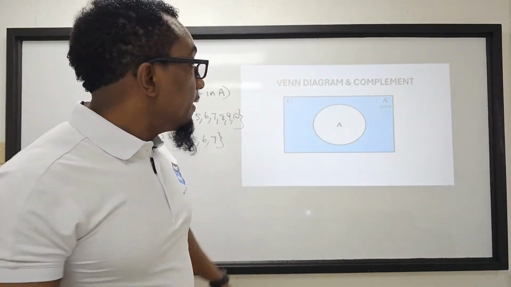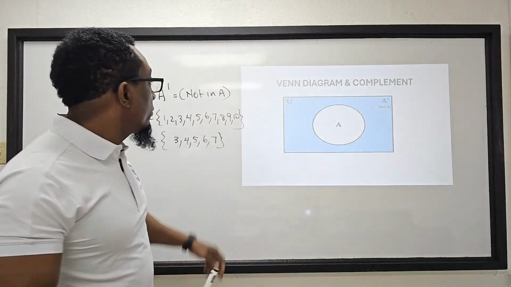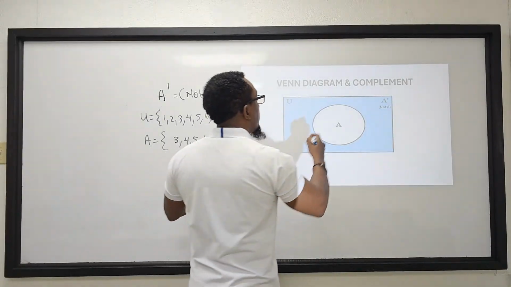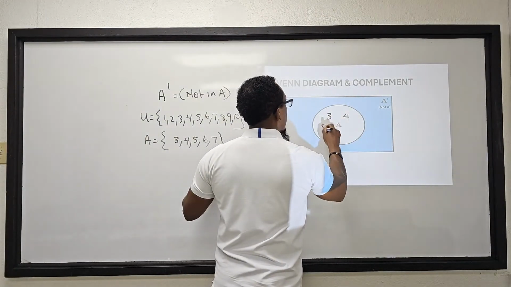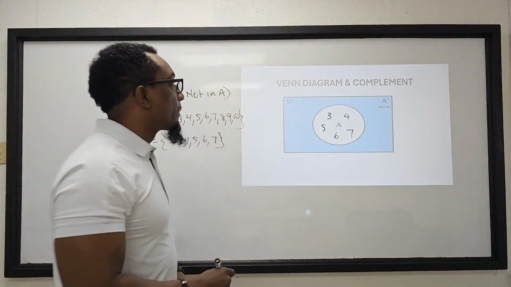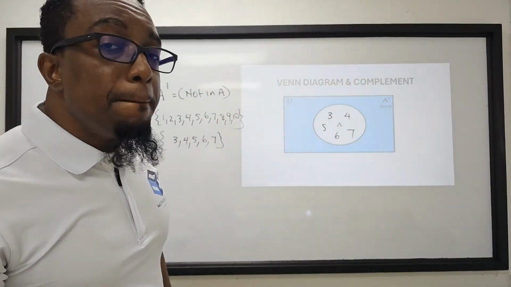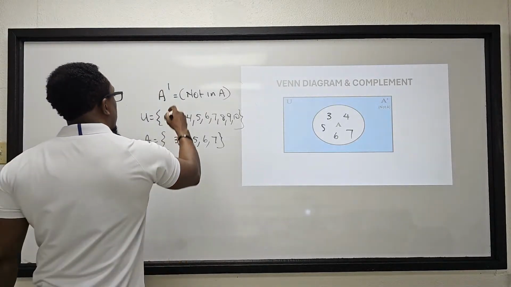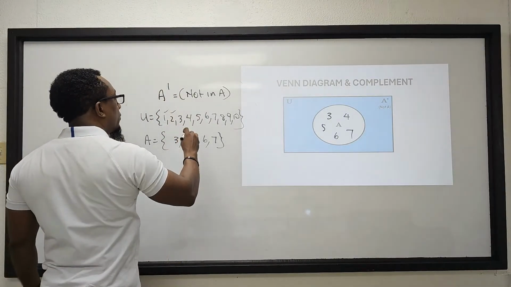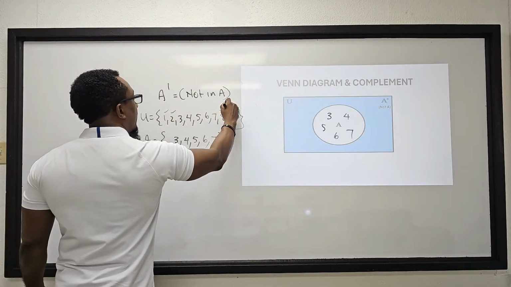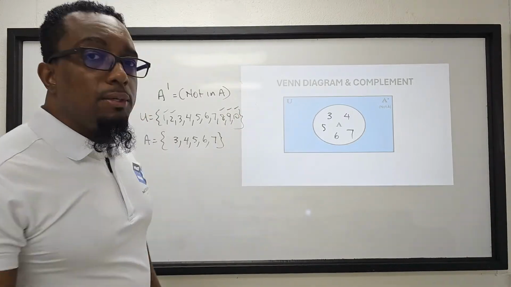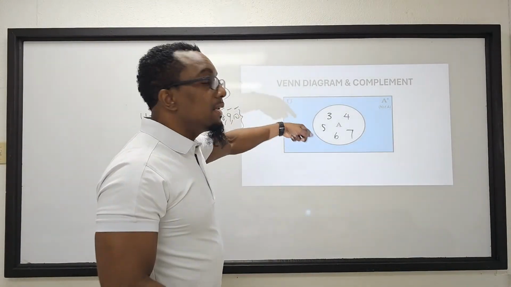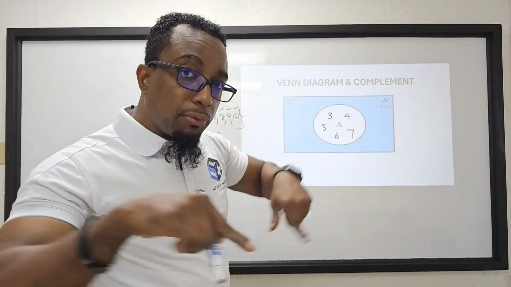Within A, we know the elements 3, 4, 5, 6, 7 will be placed within A. But the remaining elements of the universal set, which will be 1, 2, 8, 9, 10, will be placed anywhere outside of the circle but within your rectangle.